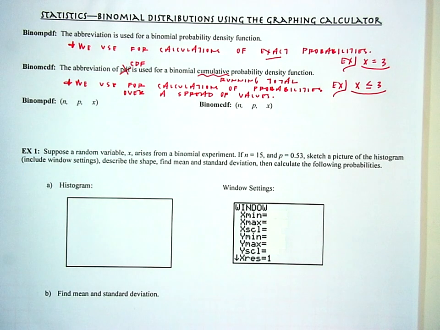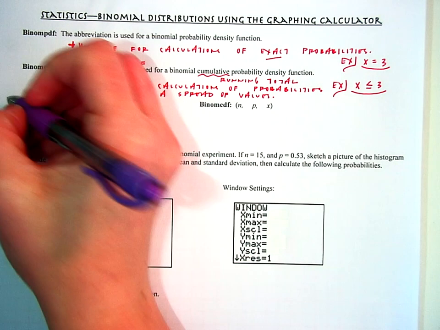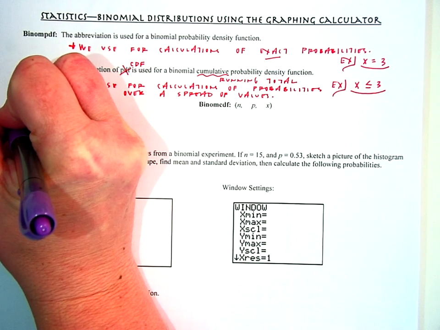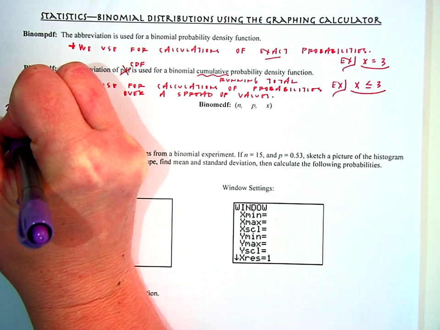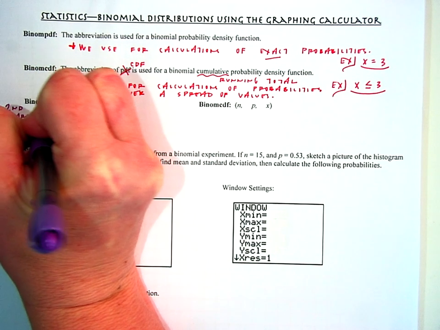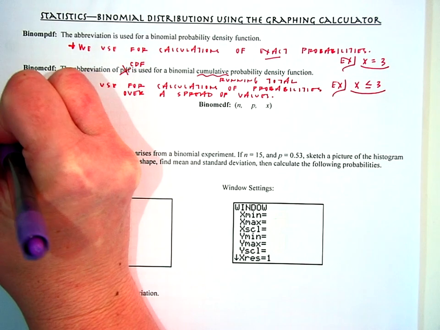When I use these functions in the calculator, it's important to know where we find them. So first, let's write that down. To get there, and I'll show you with my calculator in just a moment, I'm hitting second vars. That takes me to my distributions.